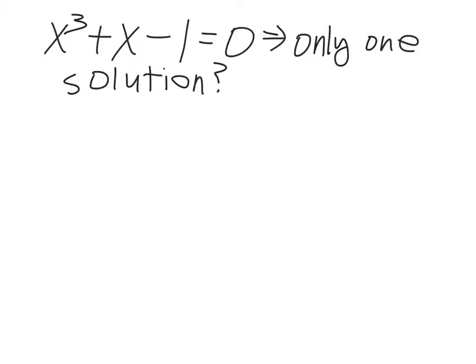Now, to be able to show there's only one solution, or a lot of times in proving things in mathematics, we have to make some assumptions, and then we're actually going to show that those assumptions are wrong.